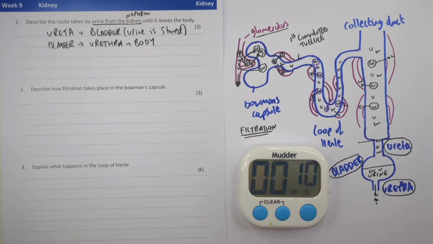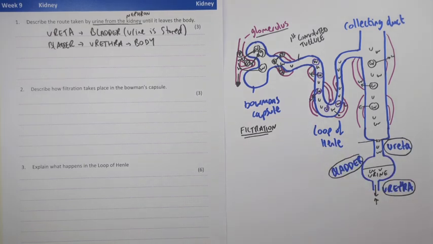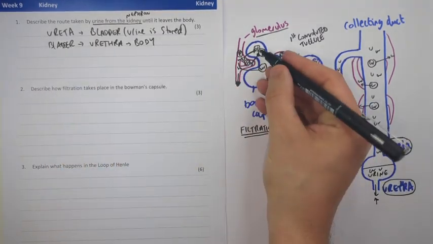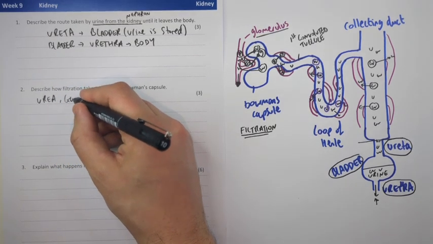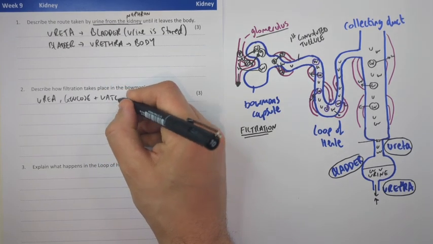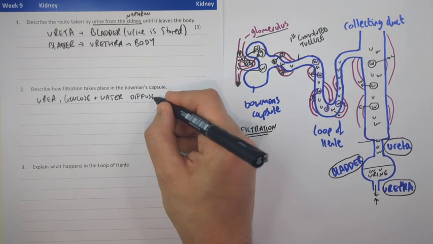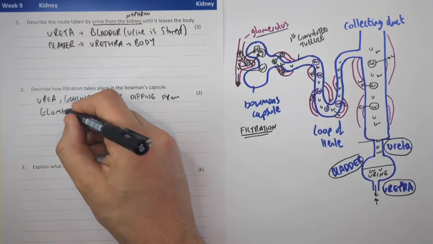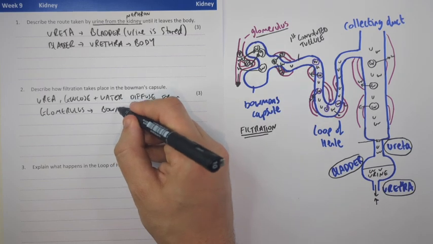Okay, let's begin to finish the sentence off there. Describe how filtration takes place in the Bowman's capsule. So you've got urea, glucose, and water. They diffuse from the glomerulus to the Bowman's capsule.